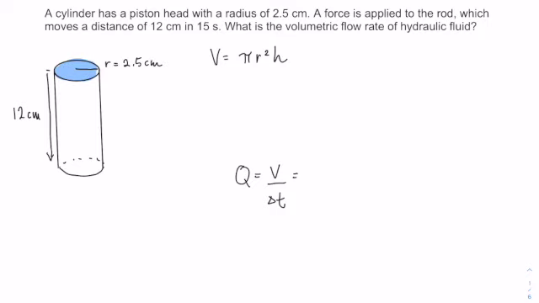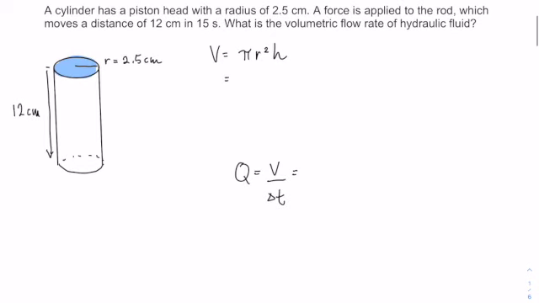So if we know the radius is 2.5 centimeters and the height of the chamber or cylinder of fluid is 12 centimeters, we can find the volume of fluid being pushed through using the equation pi r squared h, where the radius is 2.5 centimeters. Make sure you square it, times the height, which is 12 centimeters.